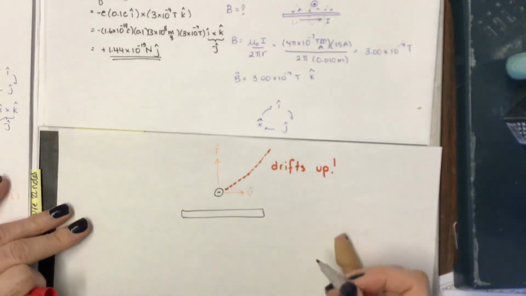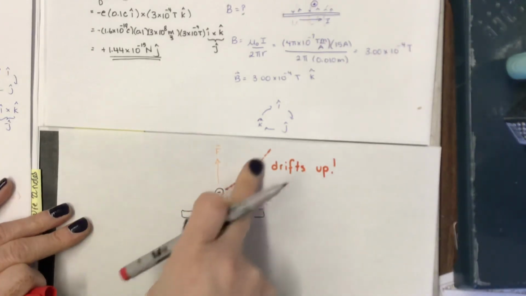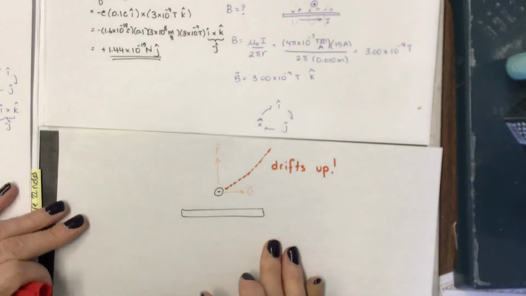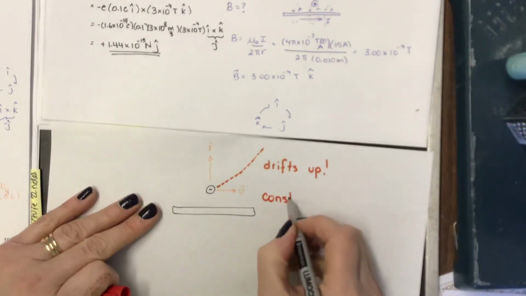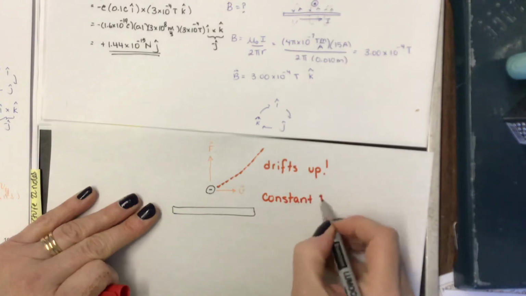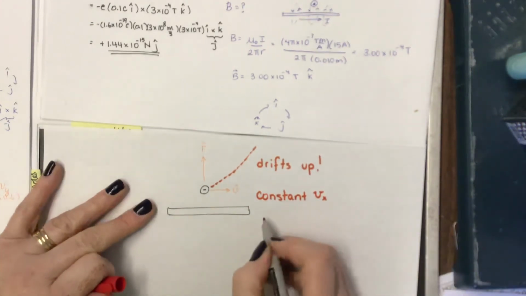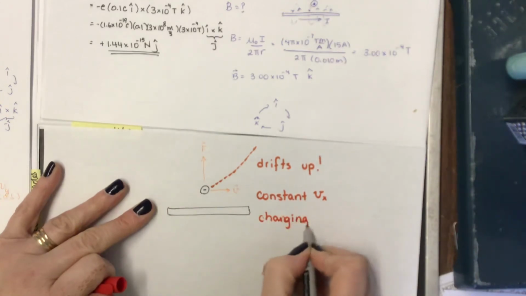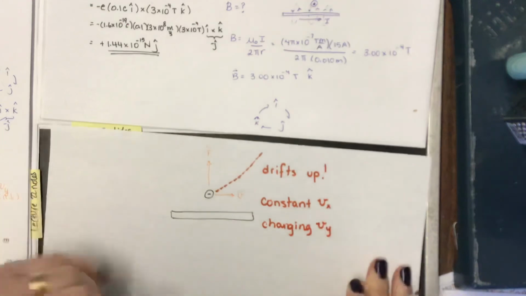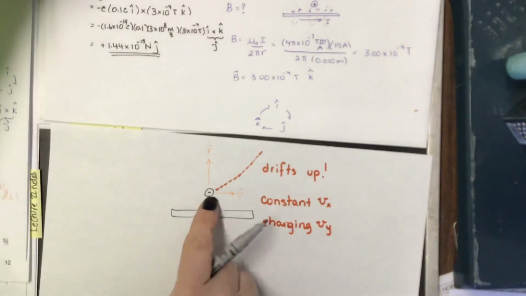It would be difficult to calculate this exactly. We know for sure that we'll have constant velocity in the x direction. The velocity in the y direction, that one's going to change. If you wanted to find the acceleration, you would divide the force by the mass, and it would start to drift up with a certain acceleration that would give a certain velocity.